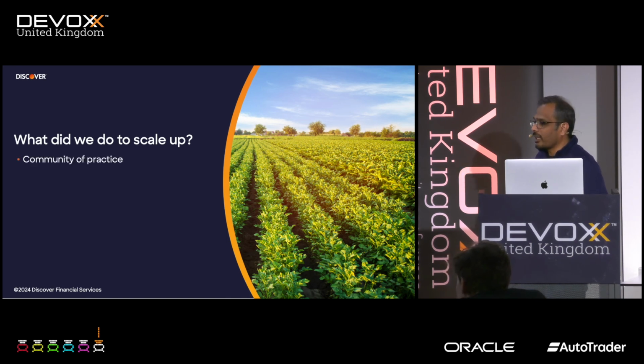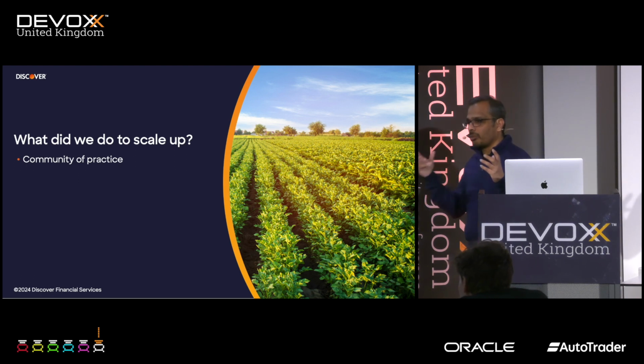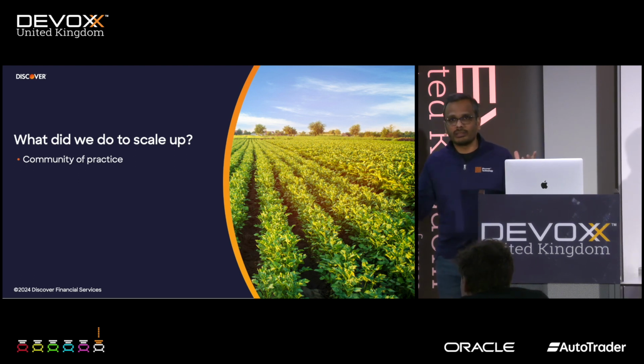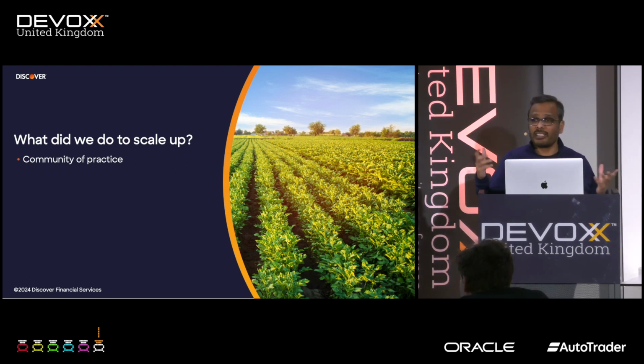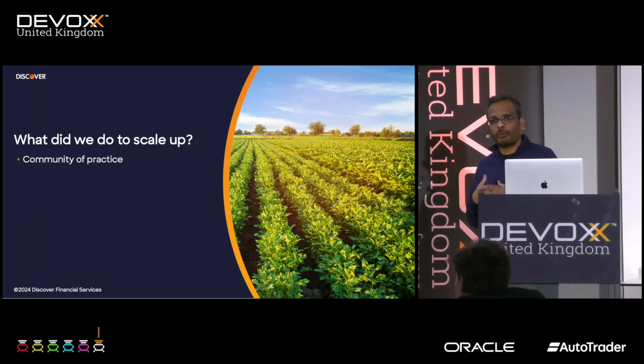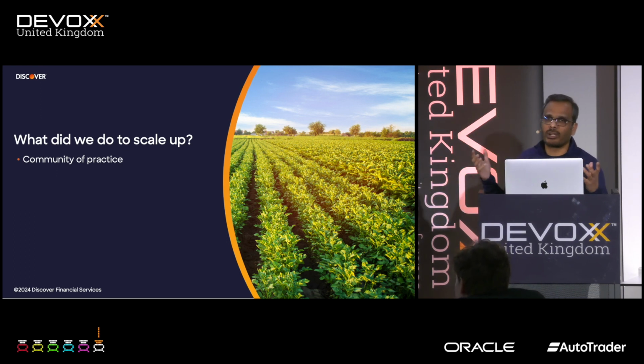We have communities centered around each discipline. We call them guilds. We have a testing guild. We use that forum initially to socialize this idea about contract testing. Once the community was convinced about this idea and the benefits they get, we had a lot of volunteers who wanted to try this out in their respective areas, which helped to get that initial traction.